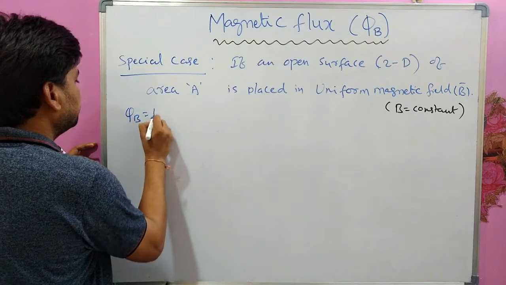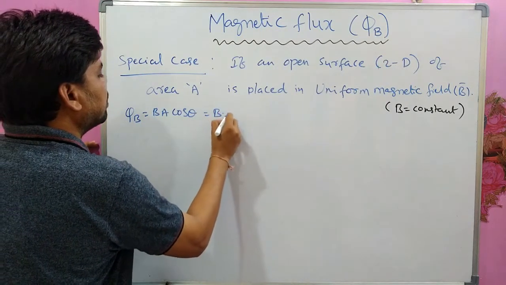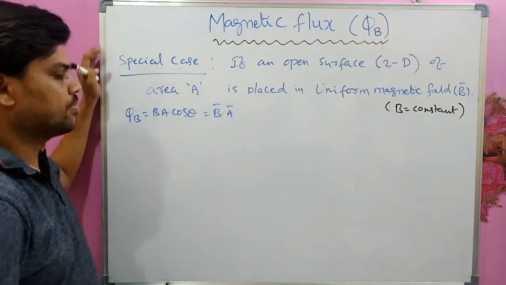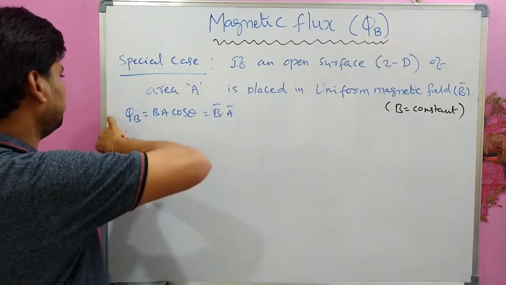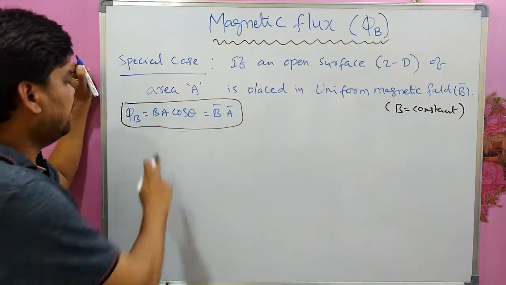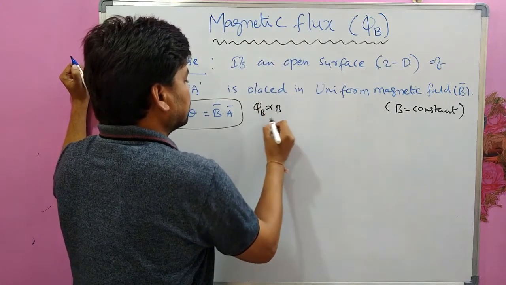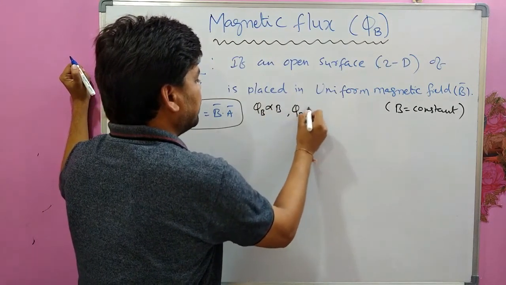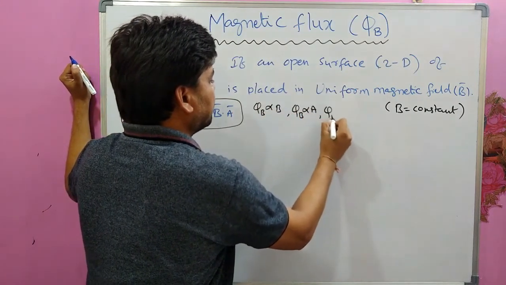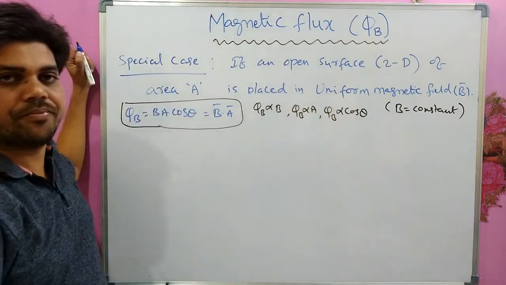Phi B equals BA cos theta, which is equal to B bar dot A bar. This is the formula that we have, and phi B is proportional to B, phi B is proportional to A, and phi B is proportional to cos theta. These are the things.